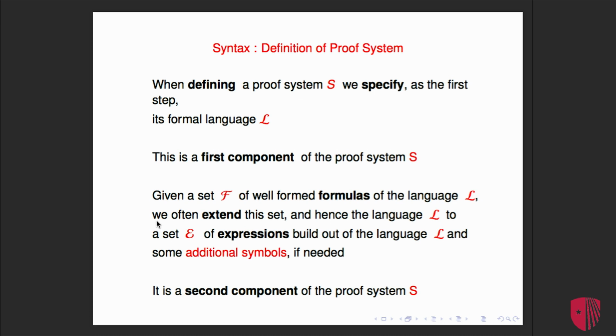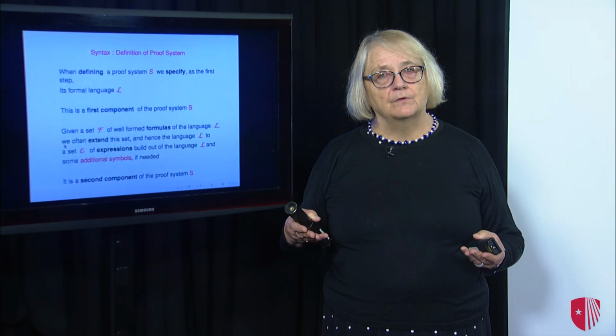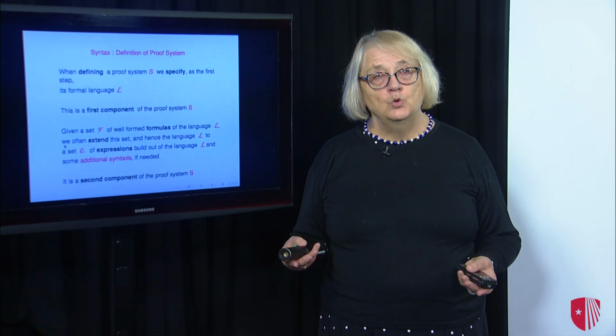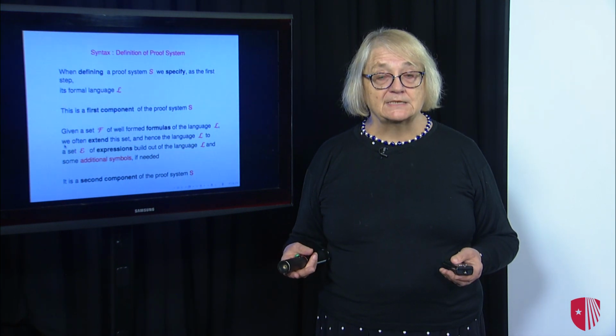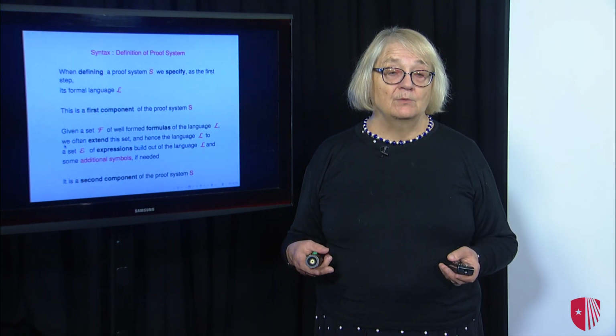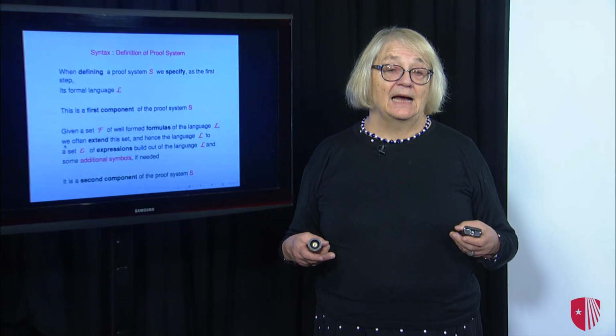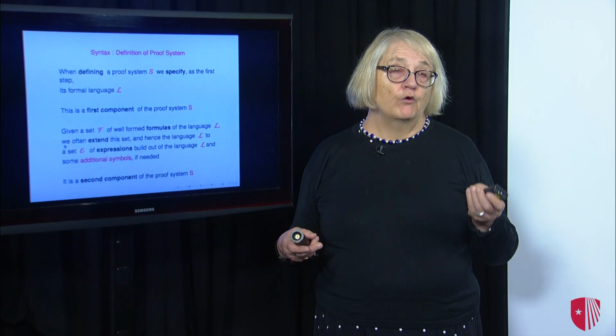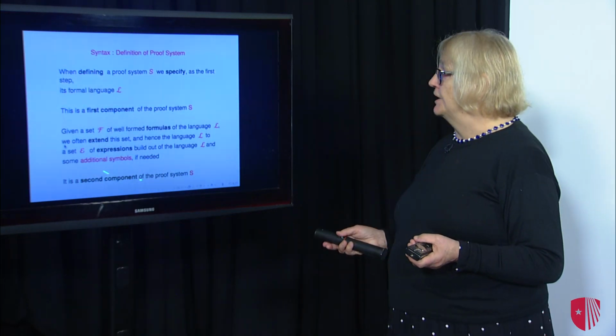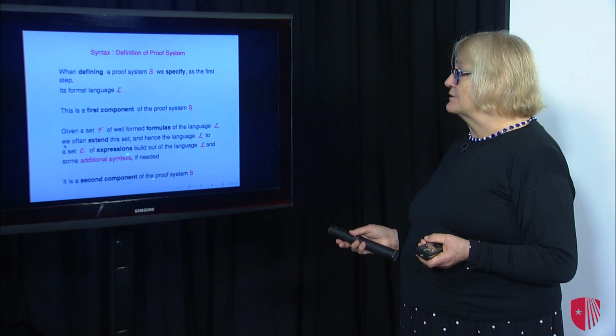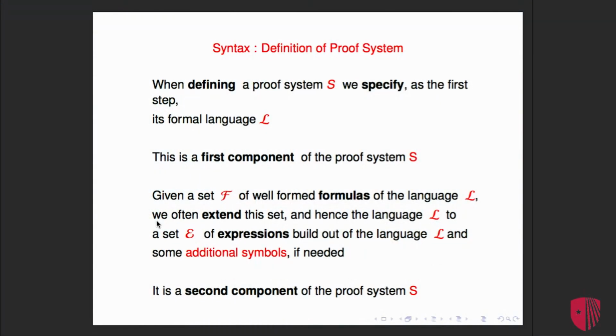Now, many proof systems use not only formulas as basic expressions; especially all automated theorem proving systems use more than formulas. That's why we will extend the notion of formula of a language to a set of expressions. Sometimes we add some additional symbols.